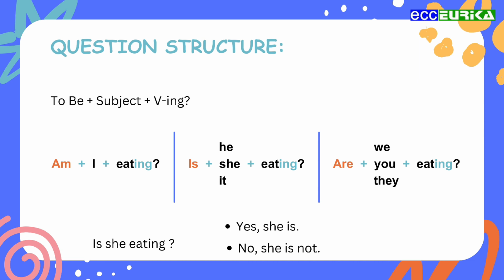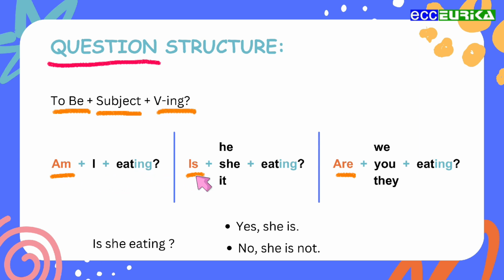When we want to ask questions using the present continuous, the word order changes a little. We start with the helper to be, or am, is, and are, and then follow by the subject, and then the verb ing. For example, am I eating?